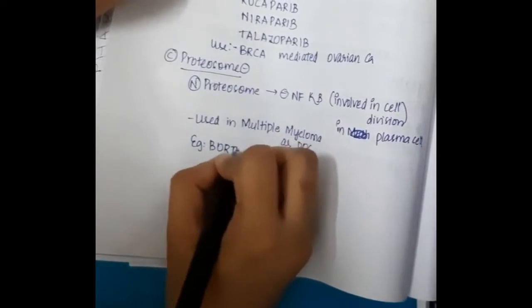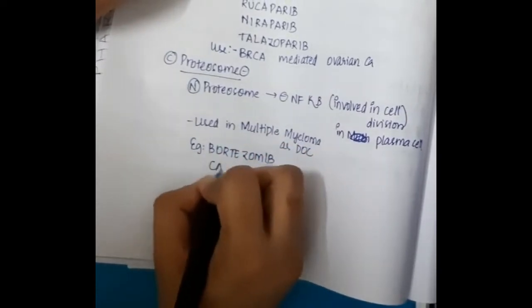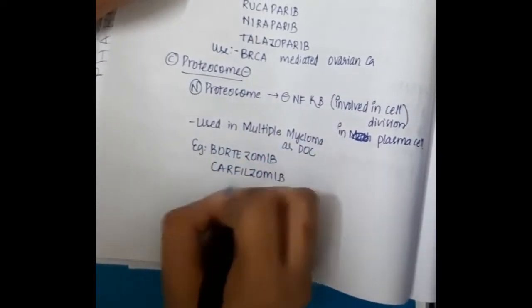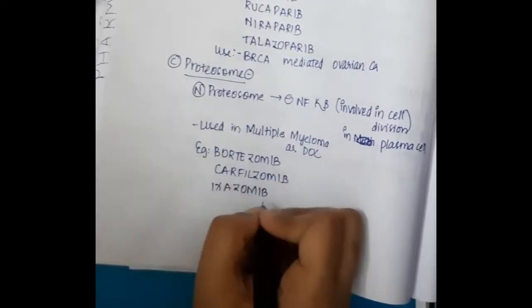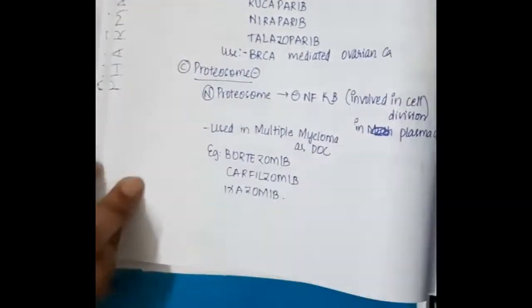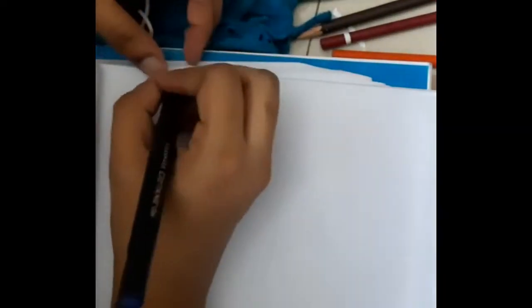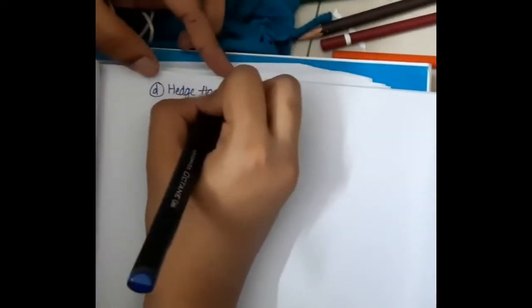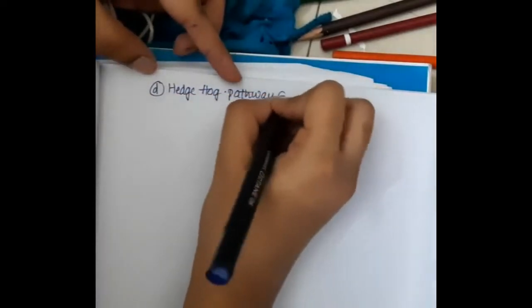Examples are bortezomib, carfilzomib and ixazomib. Then we have the next pathway, which is hedgehog pathway inhibitors.